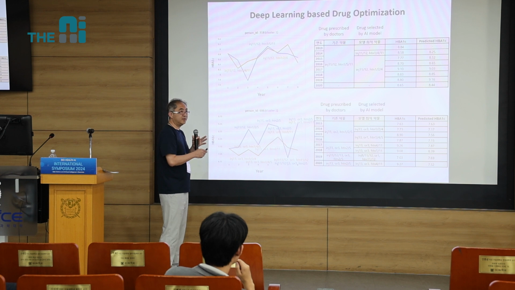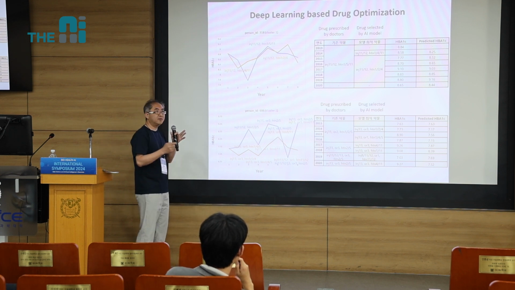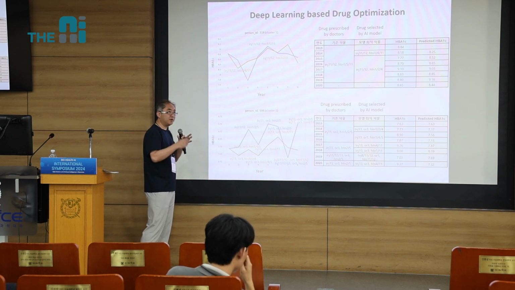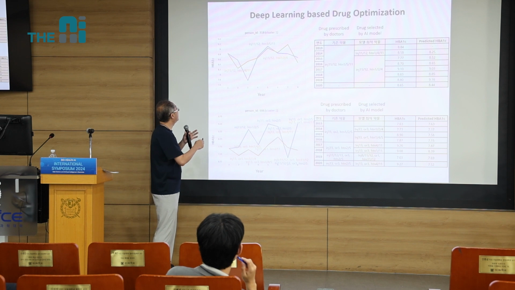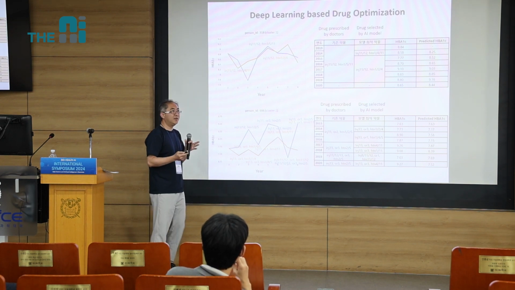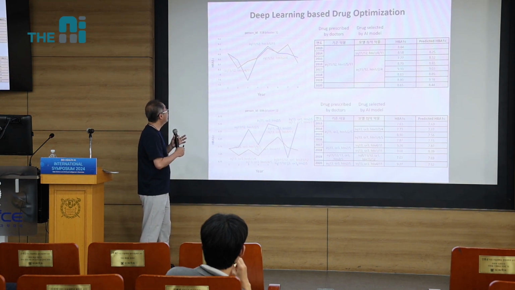And this case is a pain in the neck, because the doctors don't understand how these patients will move. When they visited the institution the first time, the level of HbA1c was almost 9, close to 9, which means a really serious clinical condition here.